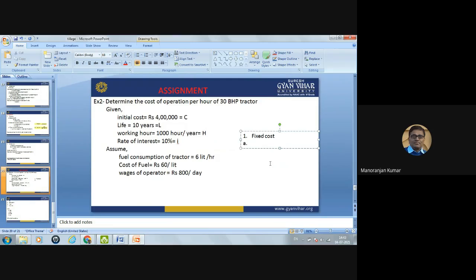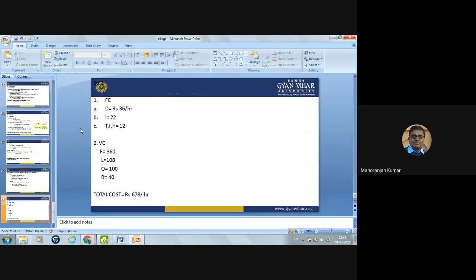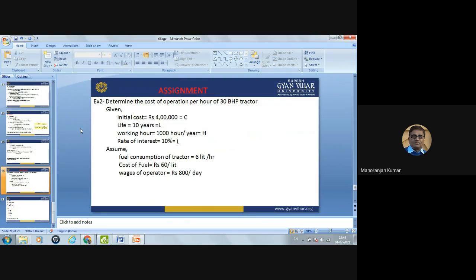After that, you have to calculate the total variable cost. When you add the variable cost and fixed cost, it will give the total cost of operation per hour of the 30 bhp tractor. So this is similar to question number 1, which I discussed in the last slide. So this is the answer. The total cost of the tractor is 678 rupees per hour. First you have to go through all the formulas, and after that you solve this problem. This is not too tough.